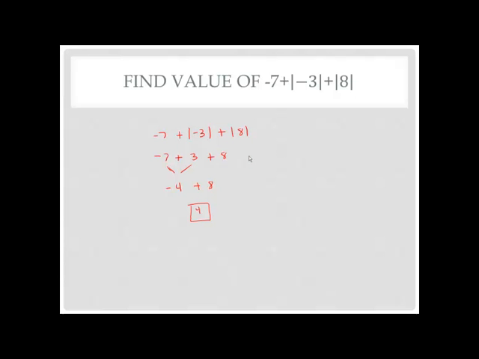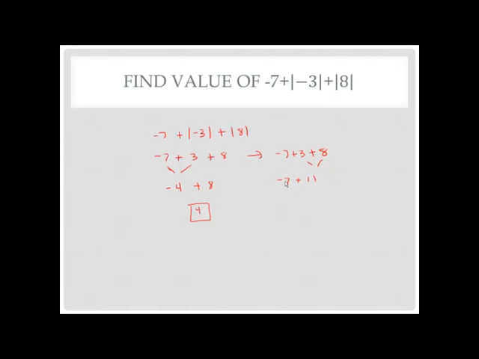Now note, one other way you could have completed this problem from that step, when you're just adding positive and negative numbers, is that you can add all of your positive numbers and get those into one big group. So I can add 3 and the 8 and make that 11, and then I can find the difference between the positive group and the negative group.